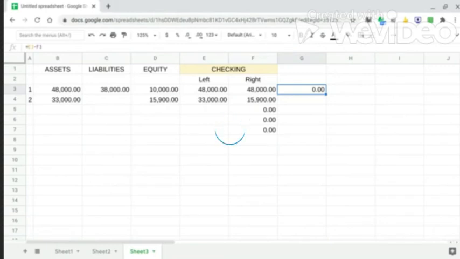What we did here, we just subtract E4, which is the value of the left side of the equation, which is the assets, and F4, which is the value of the equity, which is on the right side of the equation. So the missing value or the difference is 17,100 pesos, which makes it the value of the liability, 17,100 pesos. So equal na naman sila, 33,000 and 33,000 on the left and on the right.